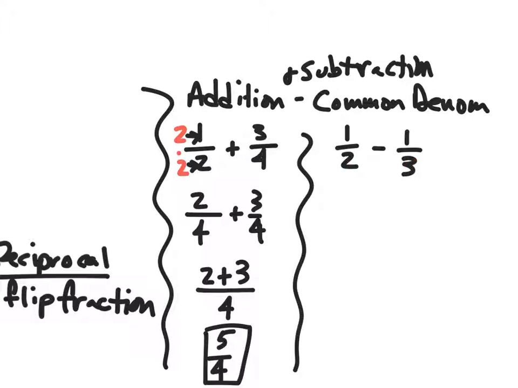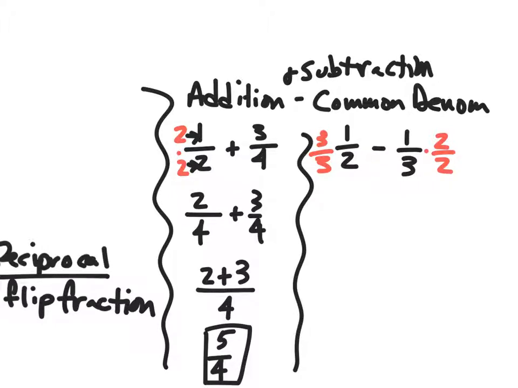Those would just be 6. The trick is to multiply this one by 3 over 3, and this one by 2 over 2. So if you multiply this fraction 1/2 by the opposite denominator, and vice versa, you'll get a common denominator.